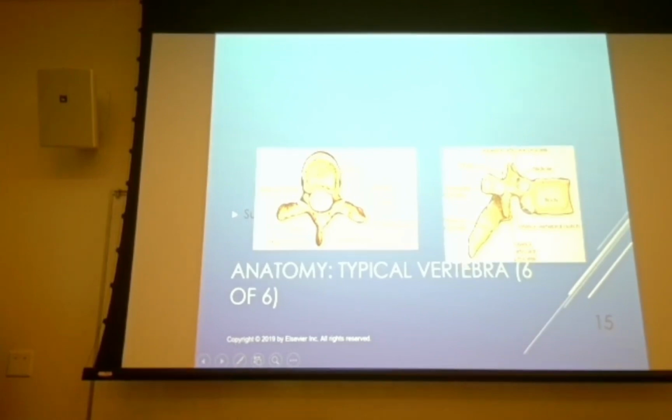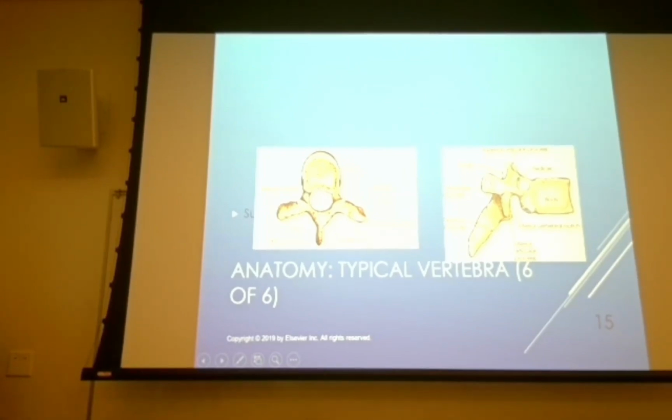So what you also have are articular surfaces where the vertebrae themselves articulate with each other. That's what we refer to as a facet. When they come together, you have a facet on top and another facet on bottom. So it's a superior articular process and an inferior articular process.